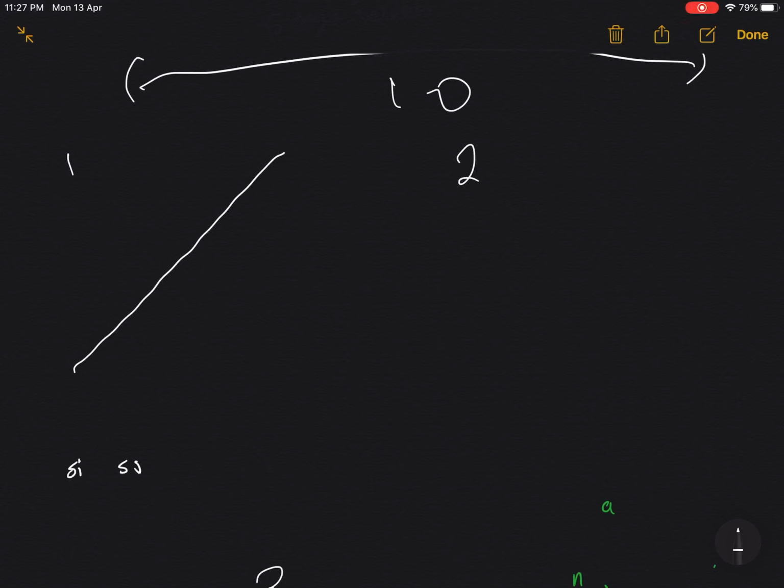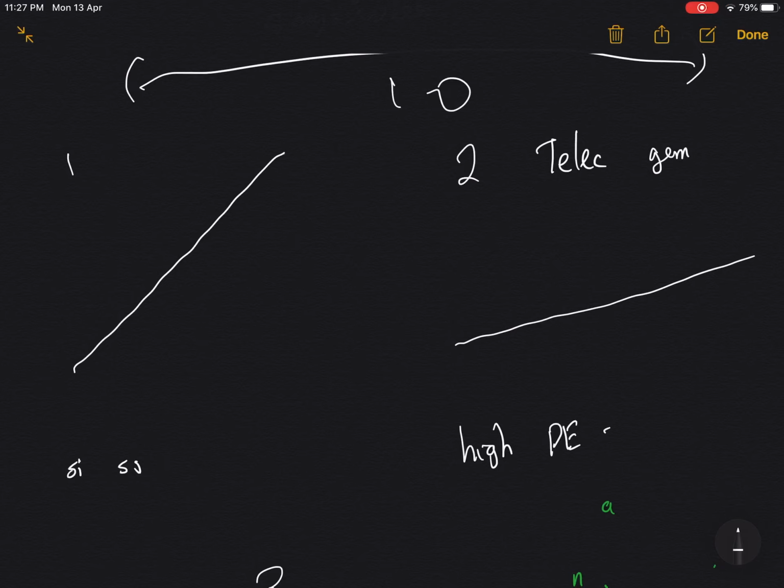Second is stable counter, which is, for example, telco, Genting Malaysia. The growth is limited, maybe around 2 to 5% a year, and they are selling at high PE. So usually you won't buy this kind of counter at normal times, because their share price is always expensive.